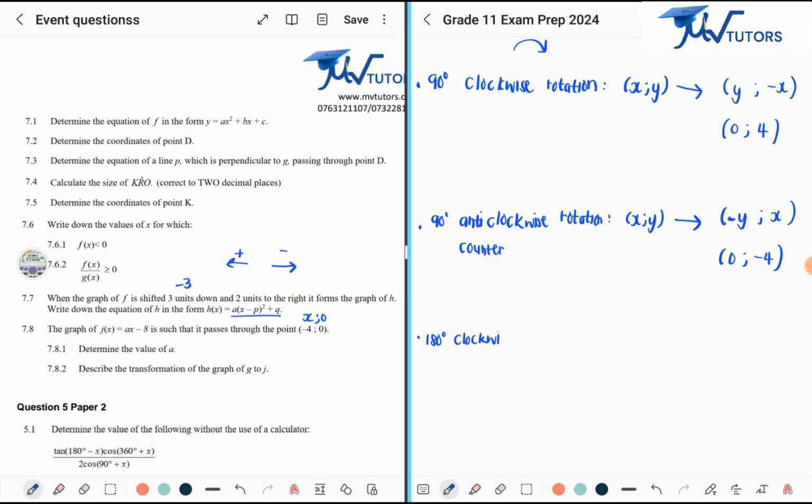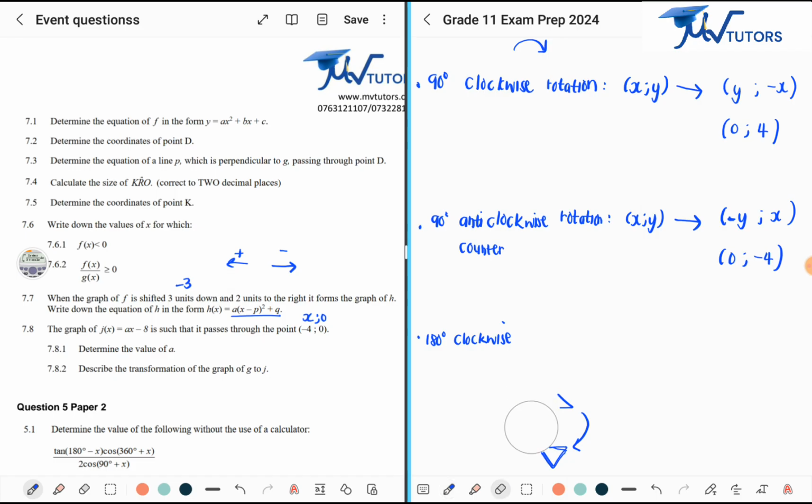Now, what happens when we have 180 degrees clockwise? Well, think about it. Let me say a triangle. If I rotate it 180 degrees clockwise, if it goes in this direction, it would look like this. What if I do it anti-clockwise, so I'm going in this direction? It will also look like this.